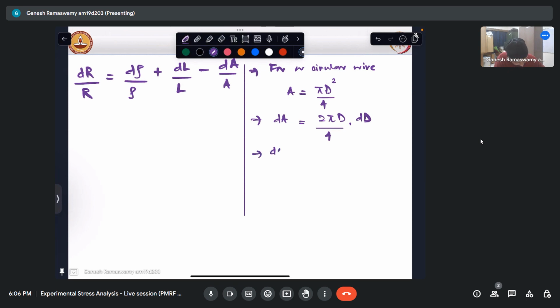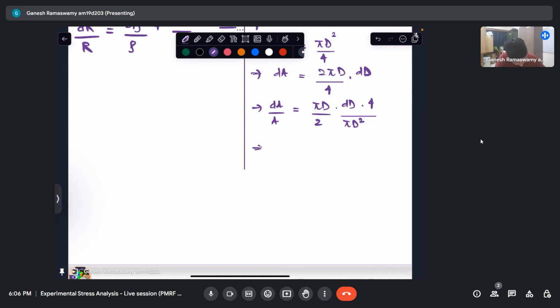Therefore, dA by A is nothing but pi d by 2 into the change in the diameter, divided by the actual area, which is pi d squared by 4. So the 4 would appear here. Pi cancels out, one of the d's cancels out, and this becomes 2.